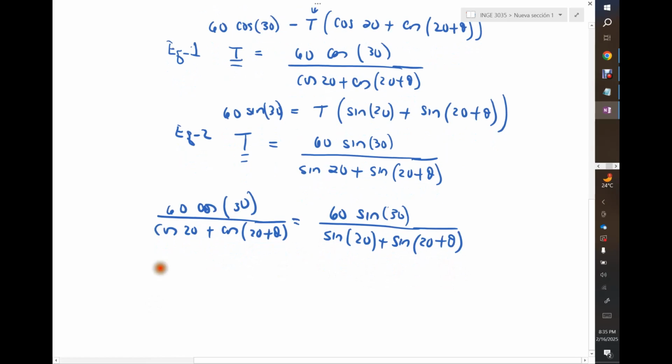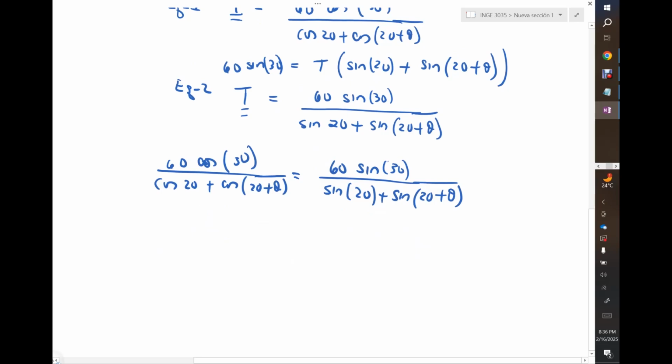So that still looks ugly. Let's see. The 60 will cancel out, and I have the cosine of 30 and sine of 30, that will work out with a tangent of 30 maybe, but still I don't like it. You know what I'm saying?